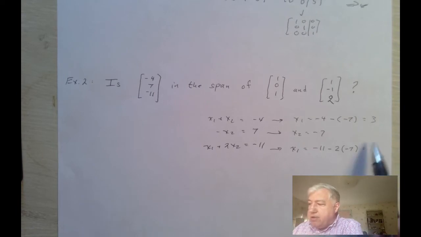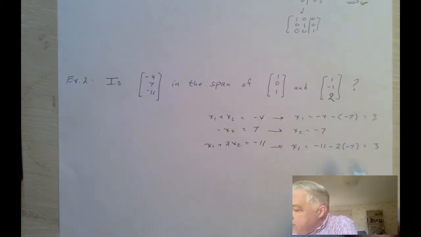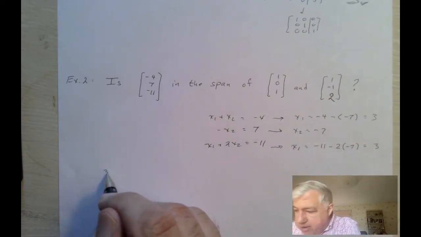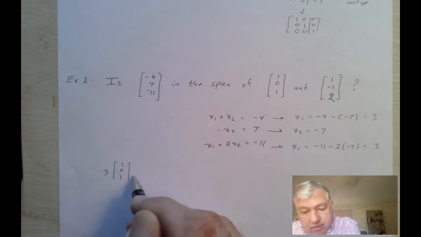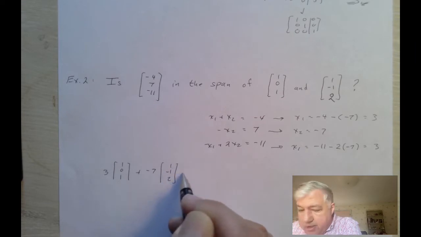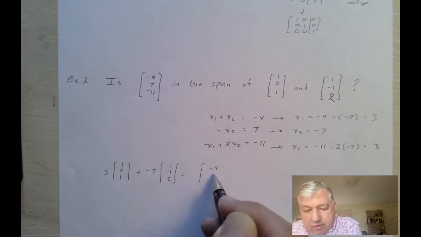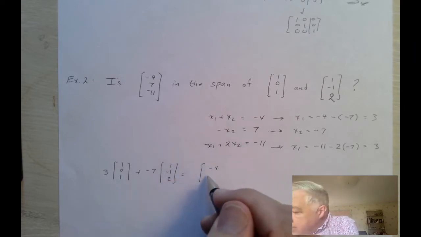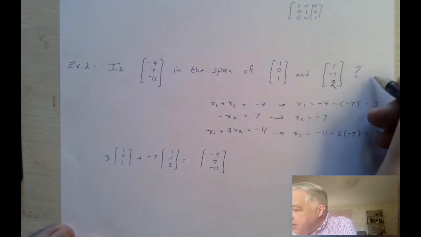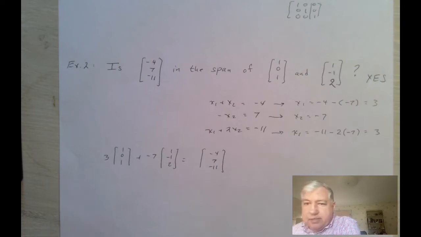This time these two agree, and that's good. So x1 is 3 and x2 is negative 7, and in fact 3 times the first vector plus negative 7 times the second is equal to the target vector. So this is a linear combination, and our answer is yes.